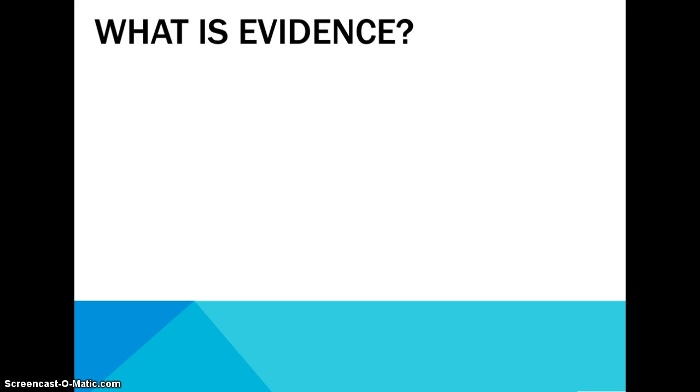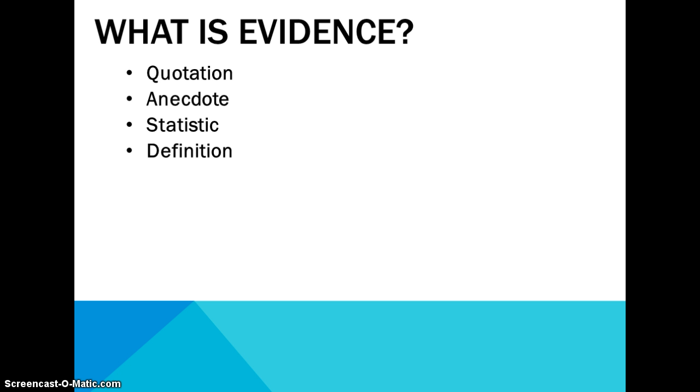All right, next we're moving on to what evidence is, and this is the second part of our body paragraph. So, evidence for right now can be 4 things: a quote, an anecdote, a statistic, or a definition. Most times, guys, we're doing lit analysis, so we're going to be using quotes. Remember that my expectation nowadays is that your quotes are embedded.